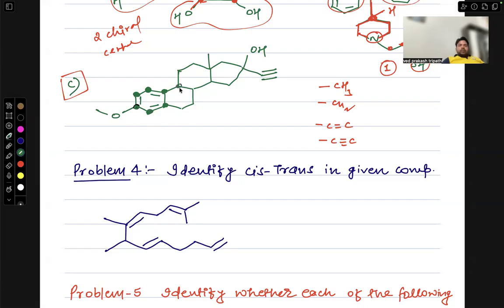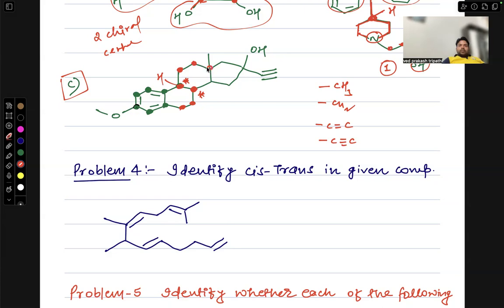Okay, what about this one? Yes, the entire chain is different. Here we have a hydrogen, so I'm going to mark it with a star. What about this? Yes, this one is also chiral. Okay, what about this? This one? This one? This?